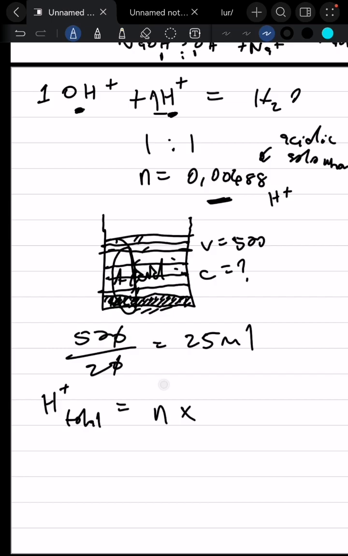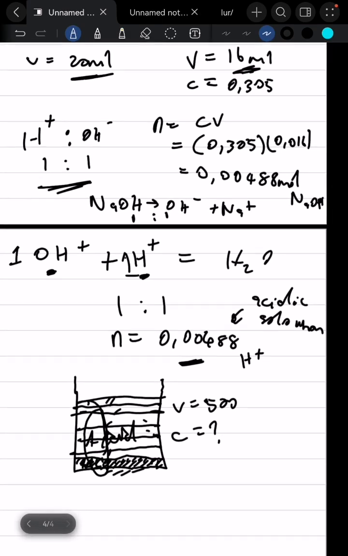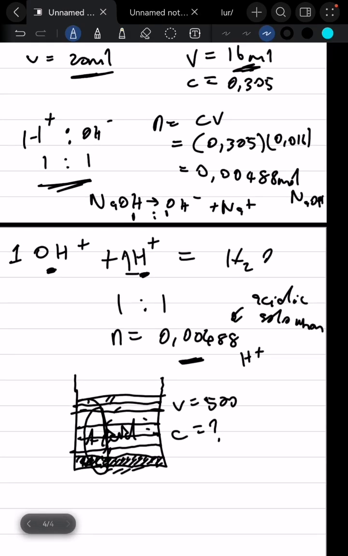I calculated these moles, and I have the moles that reacted.